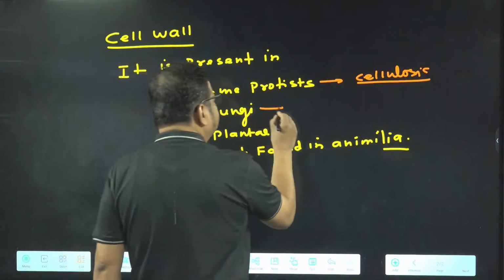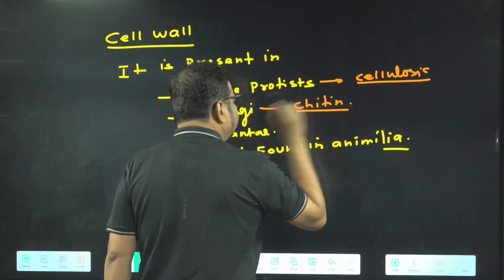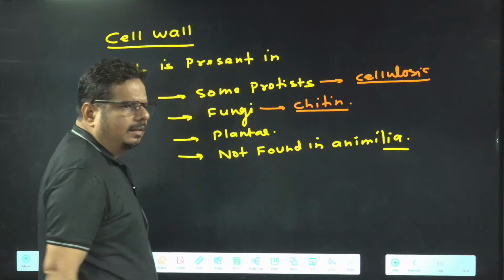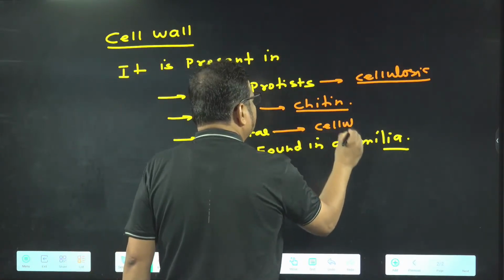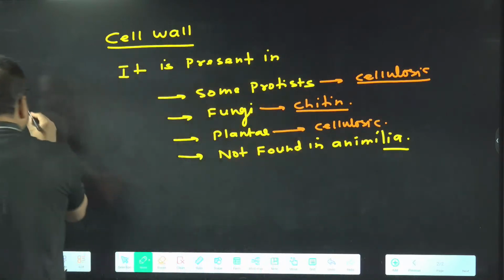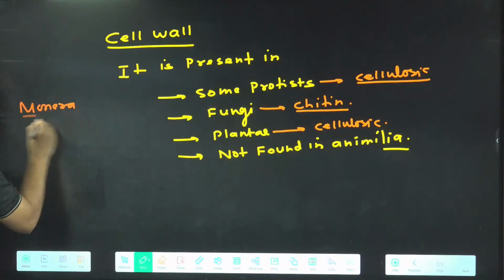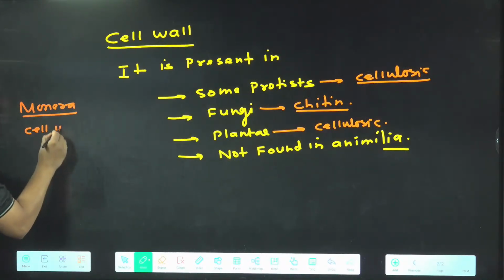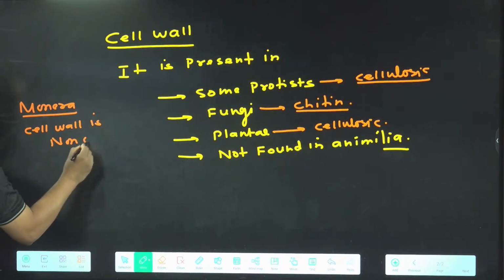In fungi, cell wall is made up of which one? Chitin. It is non-cellulosic. And in plantae, cell wall is cellulosic. And if I write Monera as well, in Monera also, cell wall is non-cellulosic.